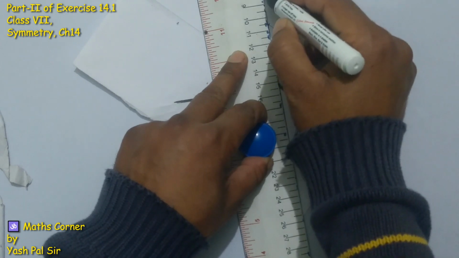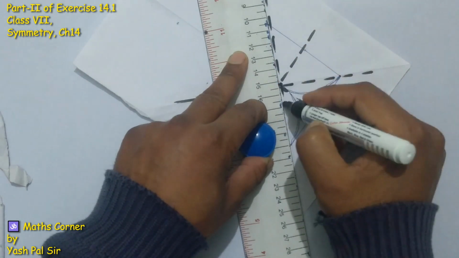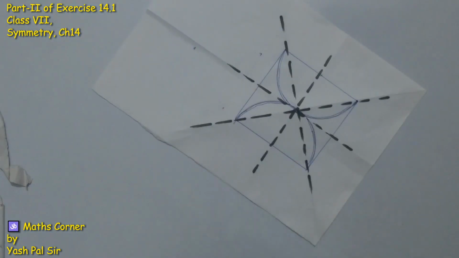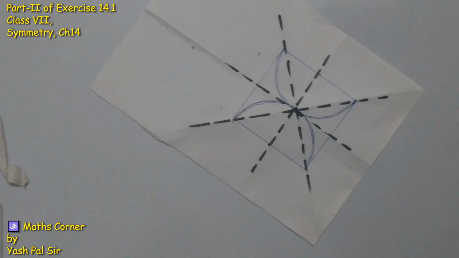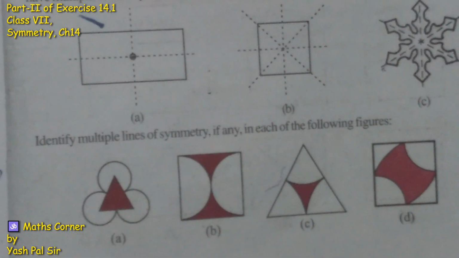So four lines of symmetry of this figure we have, right? So this was question number 4, B part, four lines of symmetry. Now C part, identify multiple lines of symmetry of this figure.